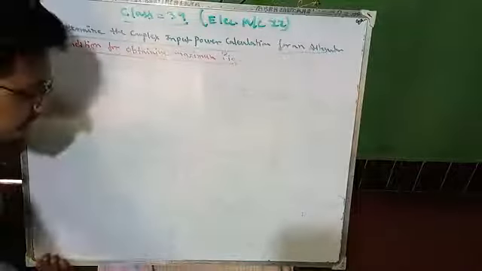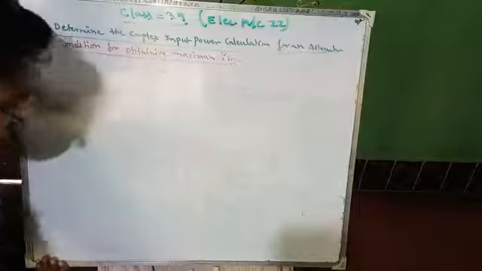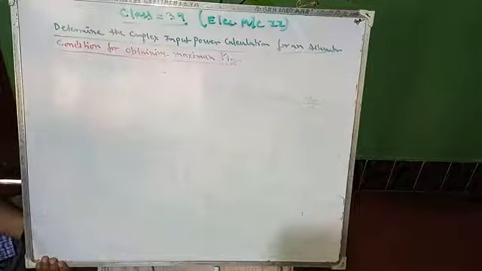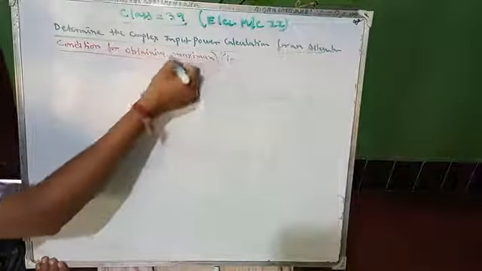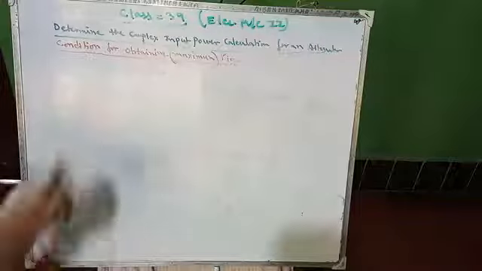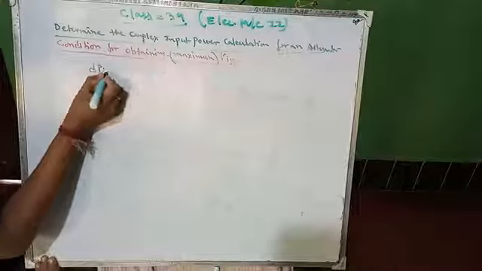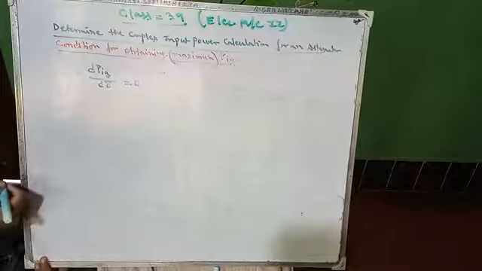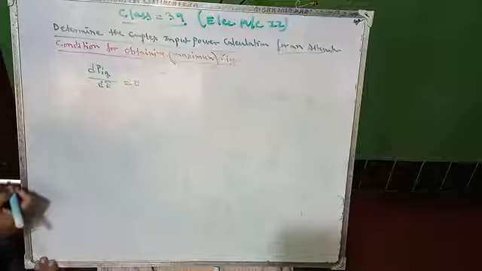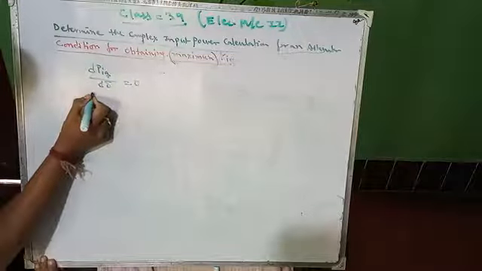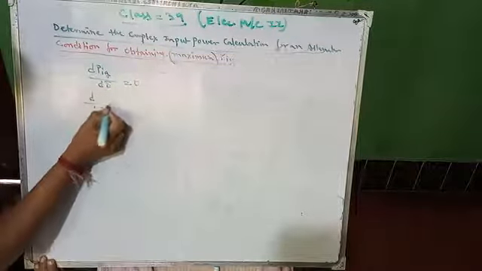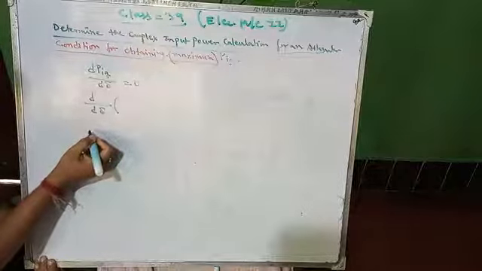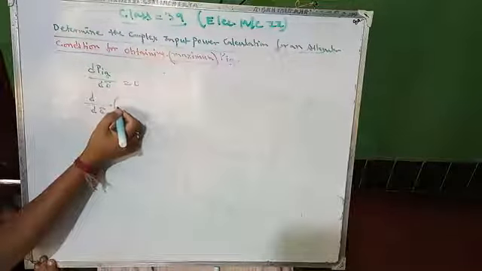So from the concept of maxima only, because we are finding the maximum case, right? From the condition of maxima, dPIG by d del should be equal to 0. So d by d del of PIG, and PIG equals what?